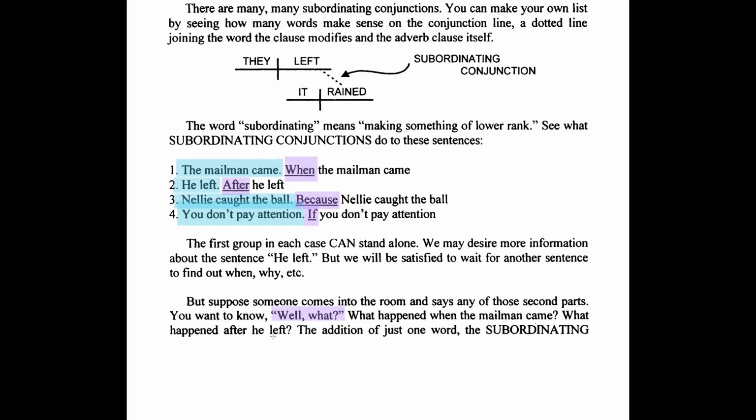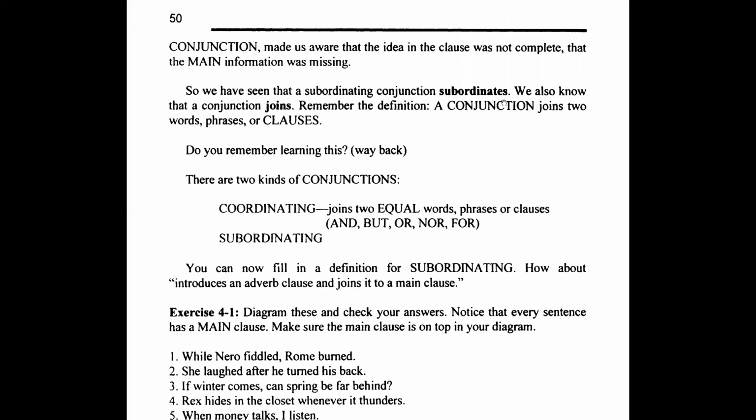You are waiting for some more information about that sentence in order for it to be complete. You actually feel a type of unsettledness hearing it. What happened when the mailman came? What happened after he left? The addition of just one word, the subordinating conjunction, made us aware that the idea in the clause was not complete, that the main information was missing.